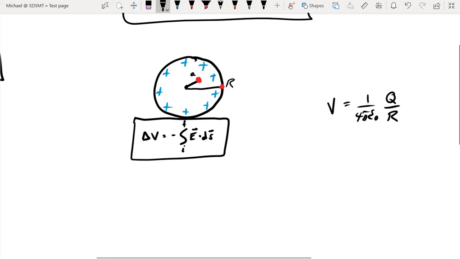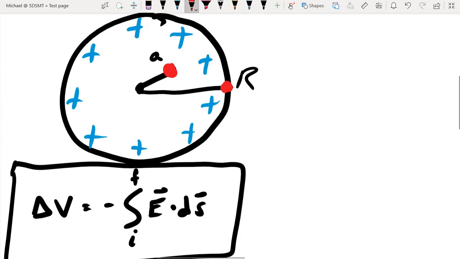So that is the potential at the surface of the sphere. Well, so let's travel. Let's go from the surface of the sphere to the radius value of A.